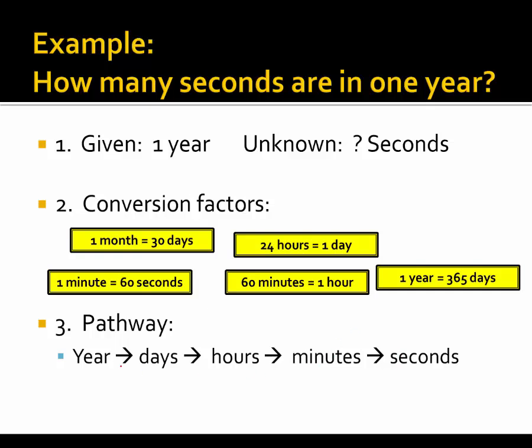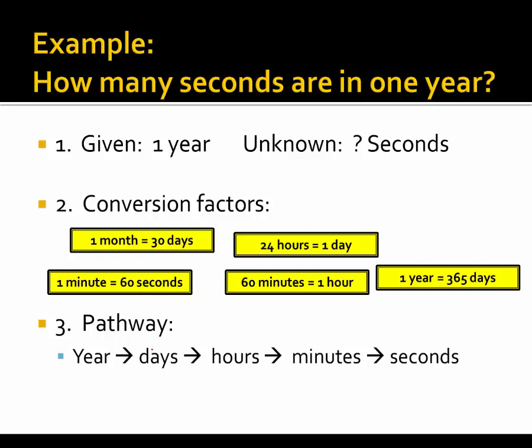Now, if for whatever weird reason you know how many minutes are in a year, you can actually skip these two steps here. But how many people actually know how many minutes are in a year? Not very many. So we're going to take this pathway here.